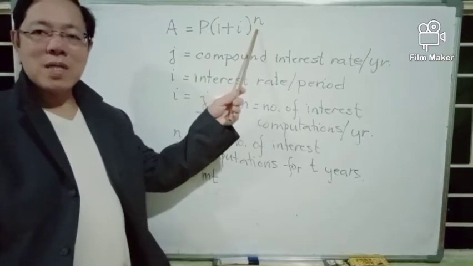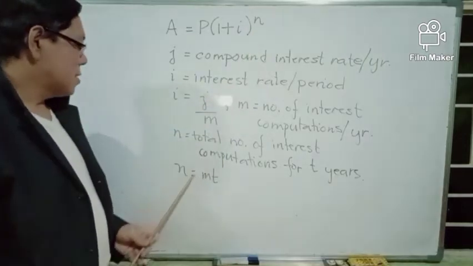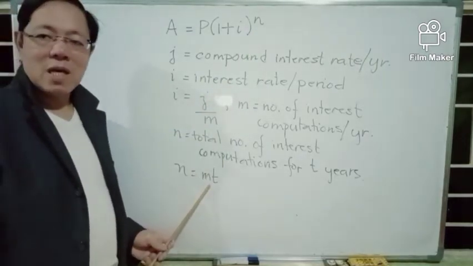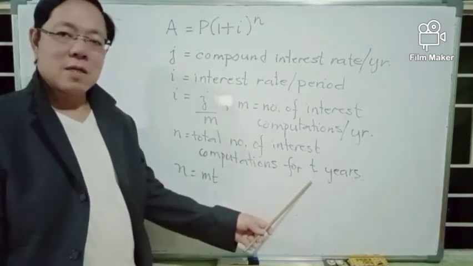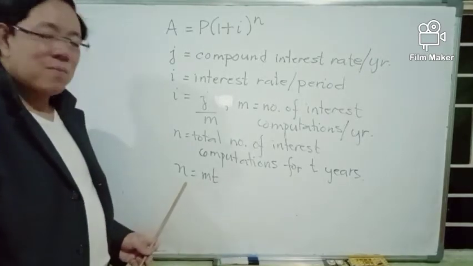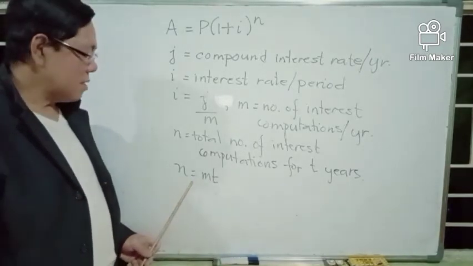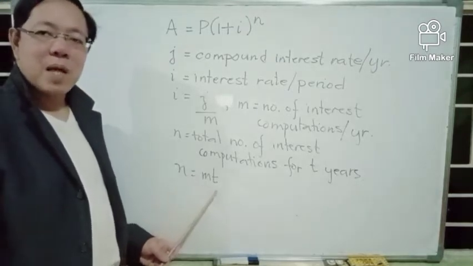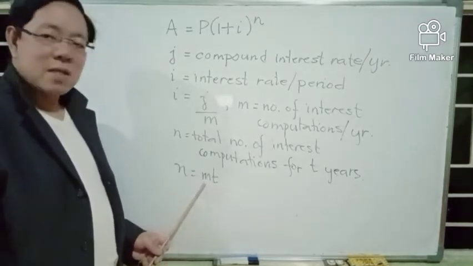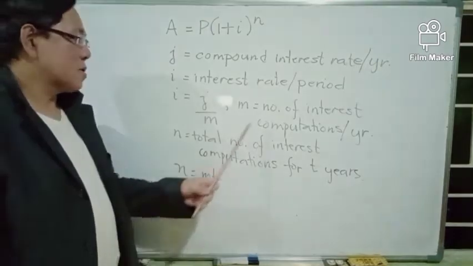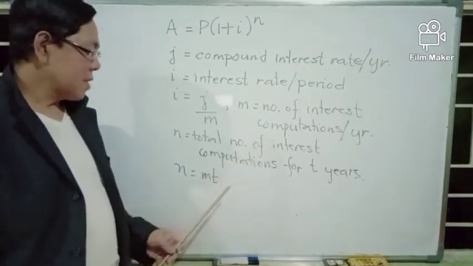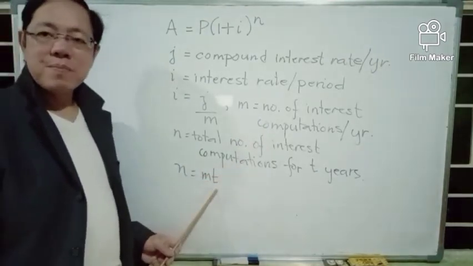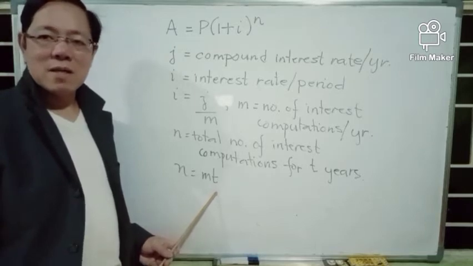And the exponent n is the total number of interest computations for T years, given by n equals m multiplied by T, where T is the period of investment in years.